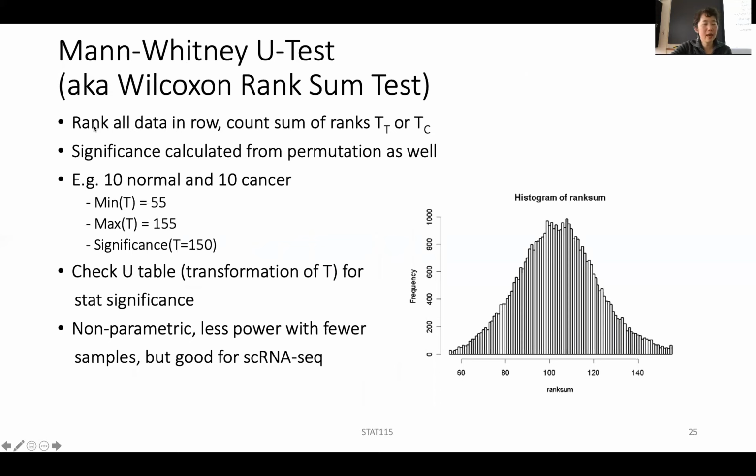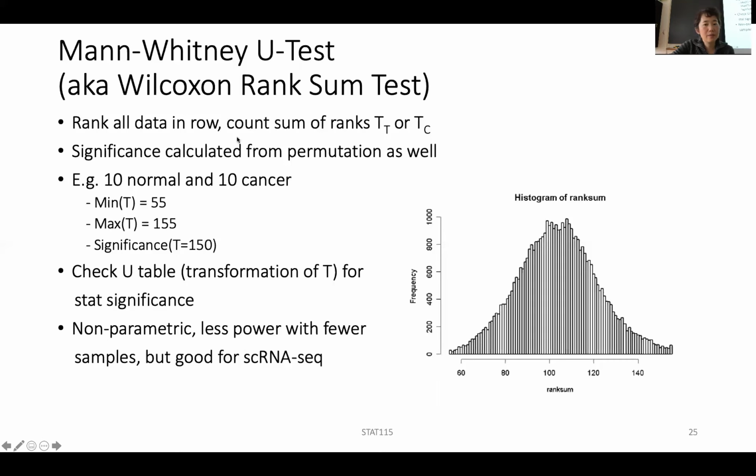Supposedly, we have this big expression matrix. Let's look at one gene at a time. Supposedly, these cells belong to cluster 1, and these cells belong to cluster 2. If we look at all of the cells together, we can rank the cells based on the count you read, either TPM or count, at that cell.